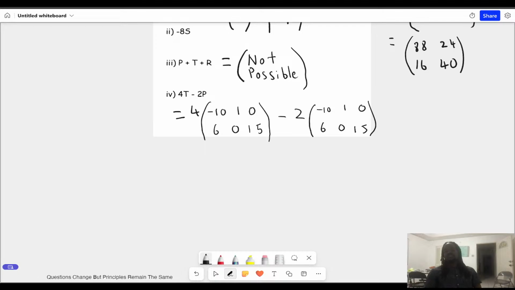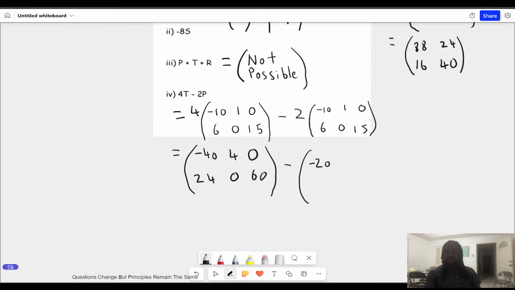No, you have to multiply, and then subtract afterwards. Remember, it's not called BOM, that's order of operations, but multiplication comes before addition or subtraction. So 4 times negative 10, negative 40, 4 times 1, 4 times 0, 4 times 6, 4 times 0, 4 times 15. Then minus 2 times all of that. So 2 times negative 10, 2 times 1.